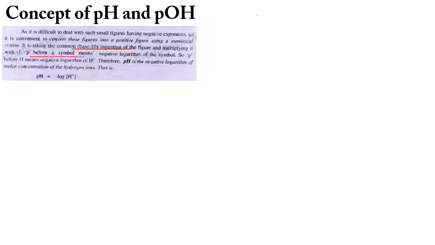P before a symbol means negative logarithm of the symbol. P means power. P before H means power of H is equal to minus log of H plus, and these brackets are concentration. So the definition of pH is the negative logarithm of the molar concentration of hydrogen ion. This is the equation, and I have already explained why we use P.